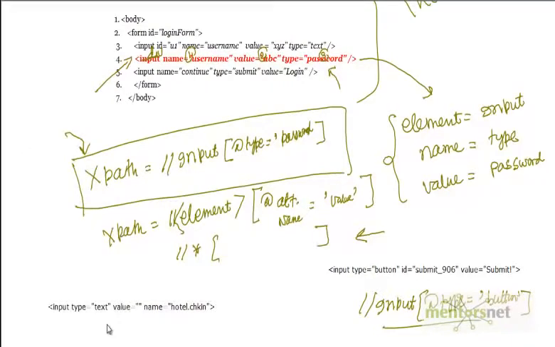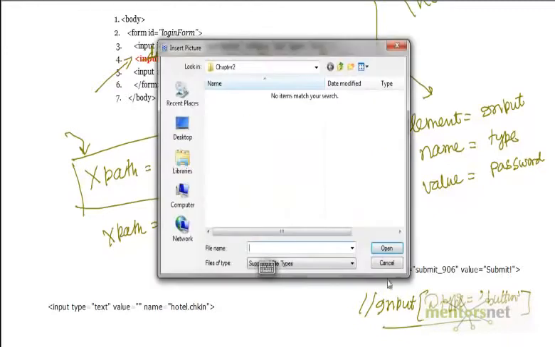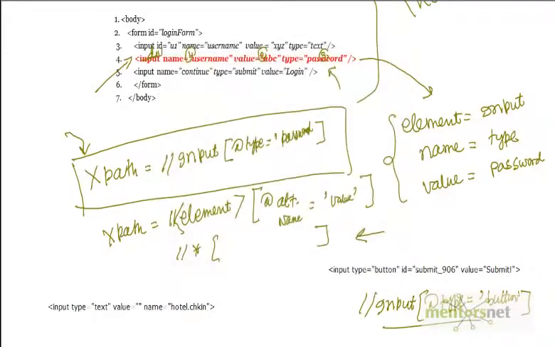In this case, I already have something called name, so I just give name is equal to hotel check-in. I don't really have to create an XPath, but if you still want to create an XPath, it will be //, the element name is input, that's the tag name, then brackets, then the attribute name, @type is equal to text.